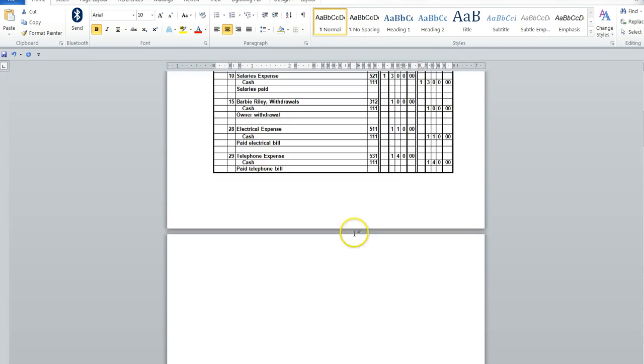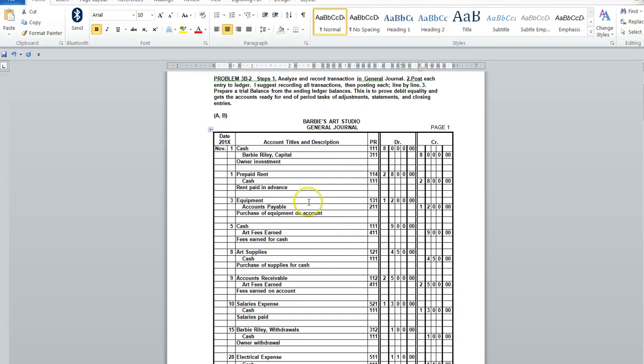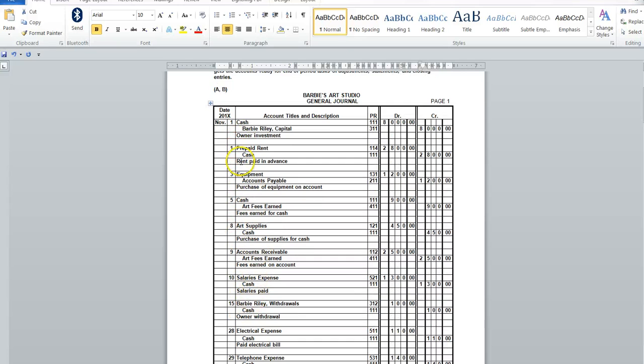But remember the steps of the cycle, guys. Number 1, analyze and journalize on a day-to-day basis. As each transaction occurs, the bookkeeping or the accounting clerk analyzes the paperwork, asks herself or himself what accounts are affected by these transactions. Are they assets? Are they liabilities?